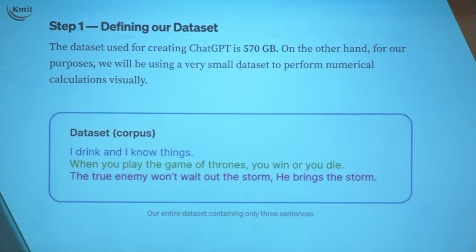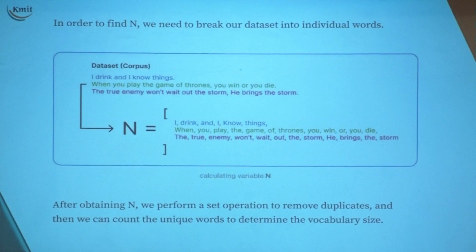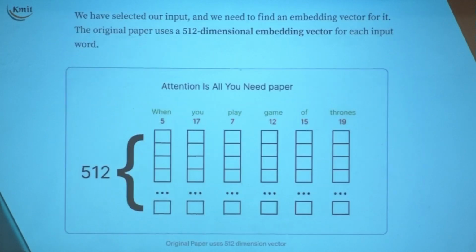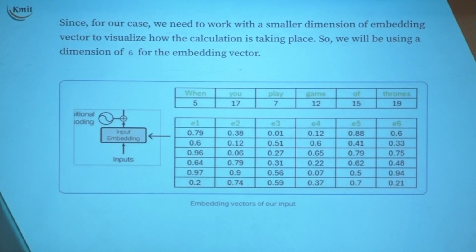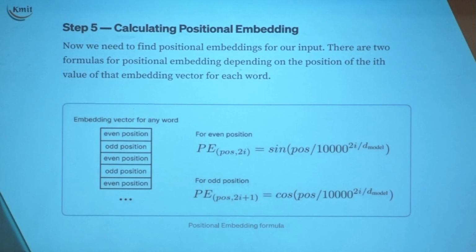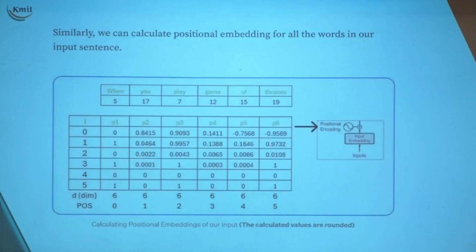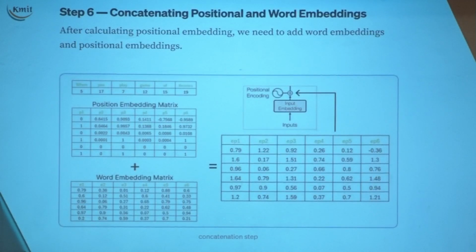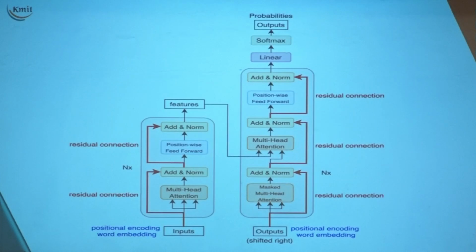So we are talking about this example, right? Yes or no? Taking the input sequence, finding the vocabulary size. After that, generating embeddings. After that, generating positions, concatenating position embeddings with word embeddings. The resultant matrix is given as input to the encoder.